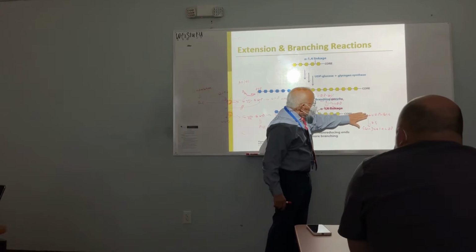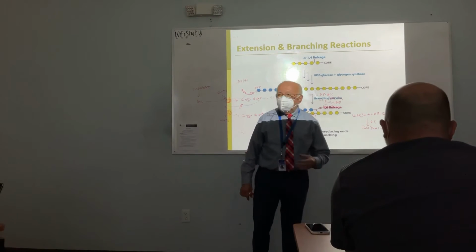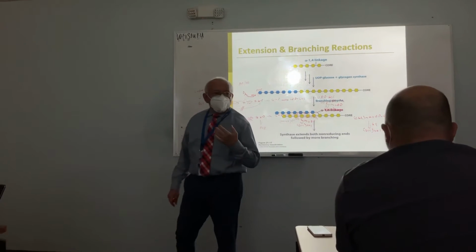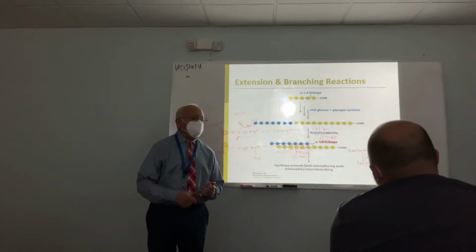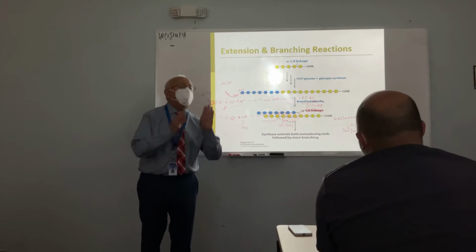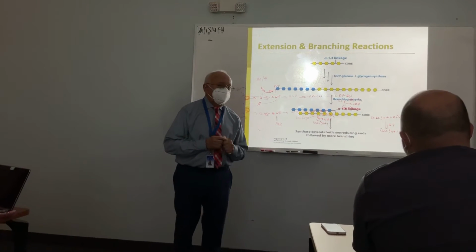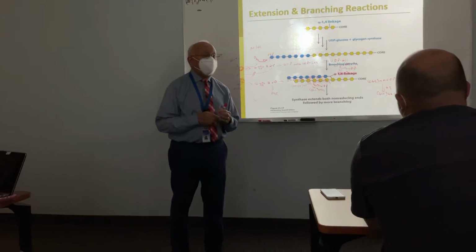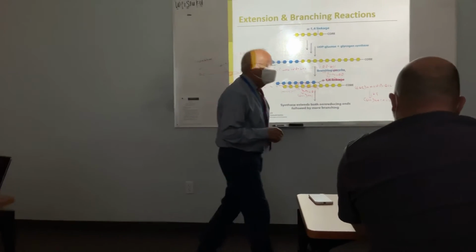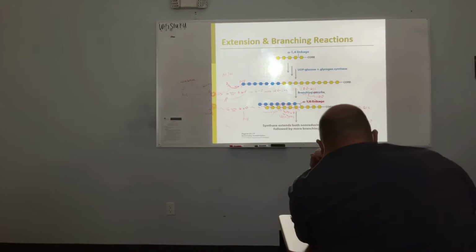You see, the synthase cannot work with this substrate. So glycogenin is going to make a little bit of glycogen. What is the minimum number of glucoses needed for the synthase to take over? At least 7. And that's what glycogenin is going to do.